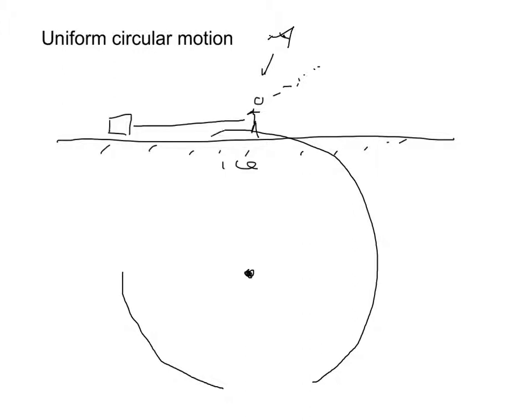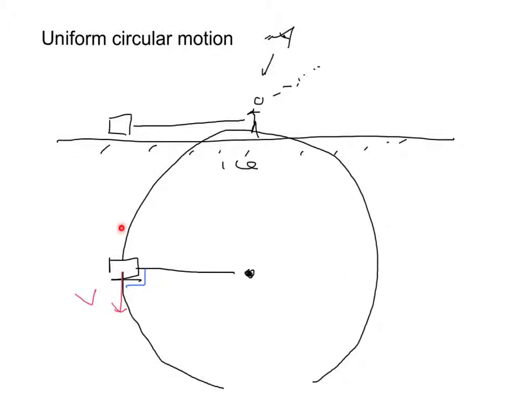You can see I didn't quite plan this very well, but I'm hanging on to that string, and the block of ice is moving with a tangential velocity like this. And that velocity, as I move around the circle, remains tangent to the circle, which has special implications about the acceleration.